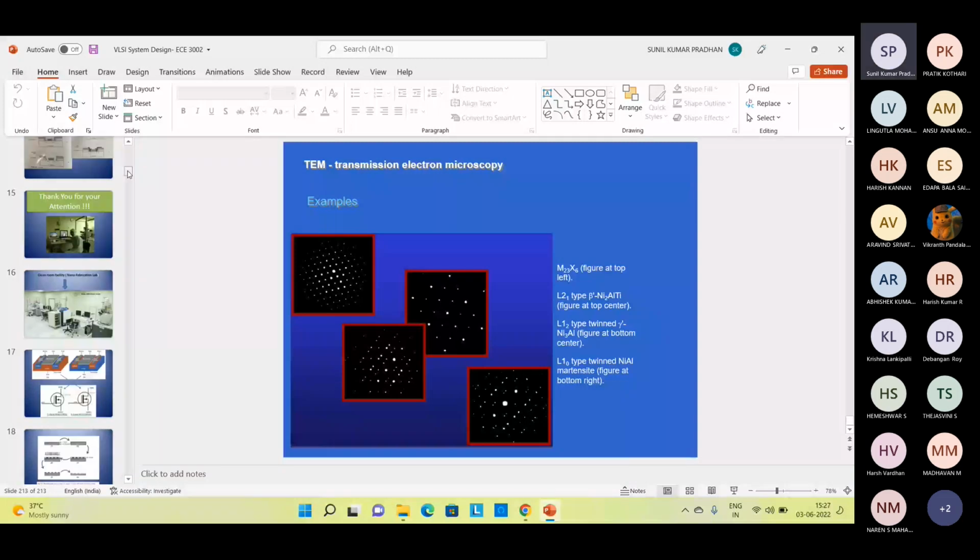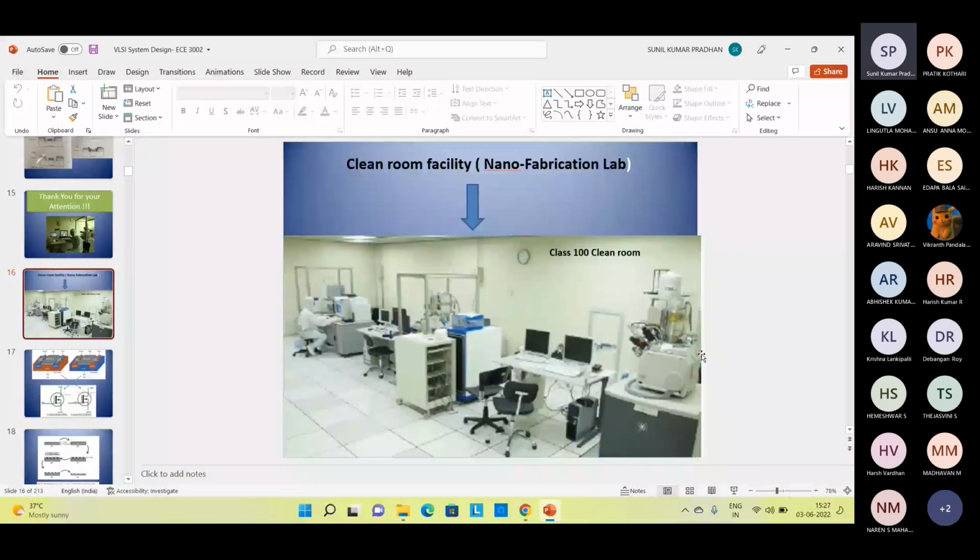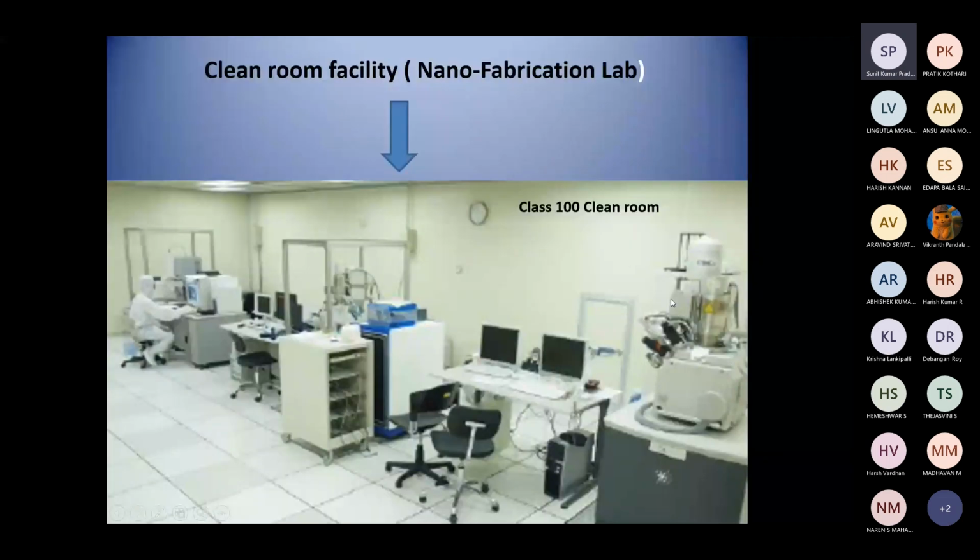Here, I already discussed this is the clean room. This is an electron microscope, we call it FESEM, field emission scanning electron microscope. In this case, whatever devices we fabricate, we are able to characterize. Because whatever devices we fabricate, we need to know how the devices are made.